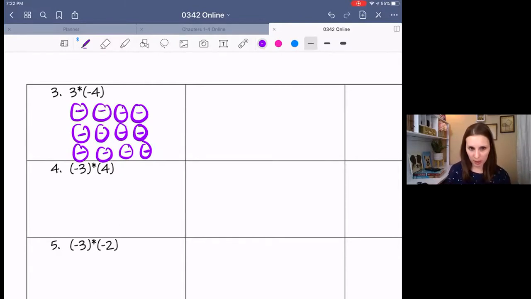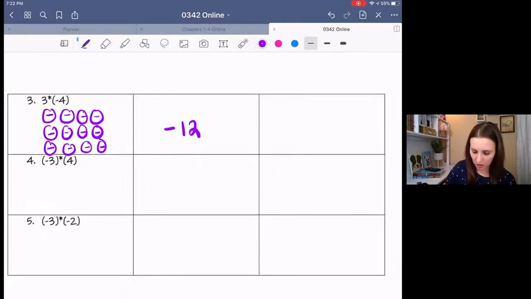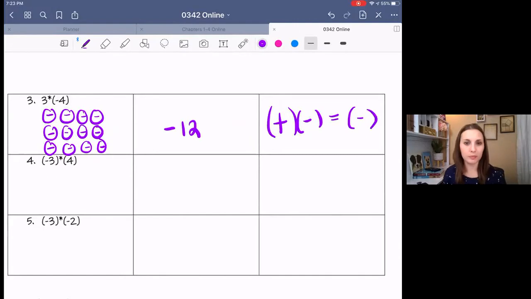So I have 3 rows of -4, which means there's a total of -12. So what is 3 times 4? And then how many negatives appear in this problem? So that negative kind of overtakes, which means that my observation still stands. Positive times negative is a negative. Whoops, that was an accident.